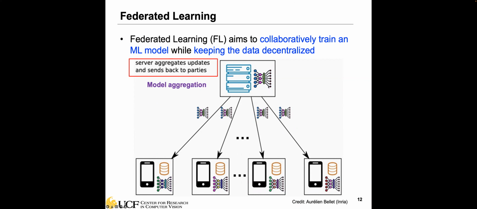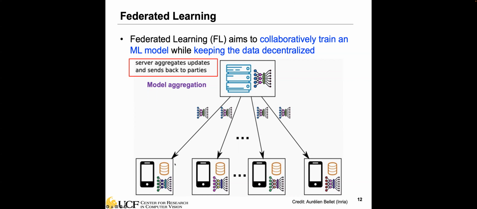This global model actually aggregates all the knowledge or information from all the distributed clients, due to the weight averaging or other types of model aggregation strategies.